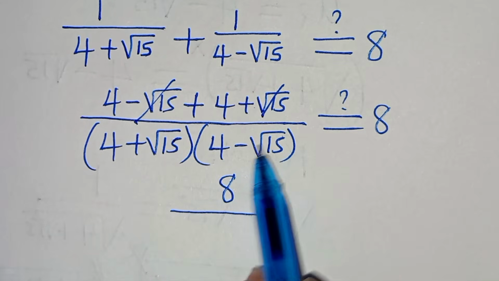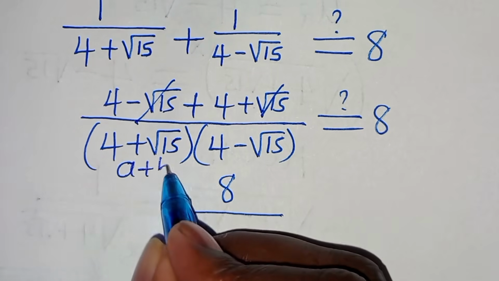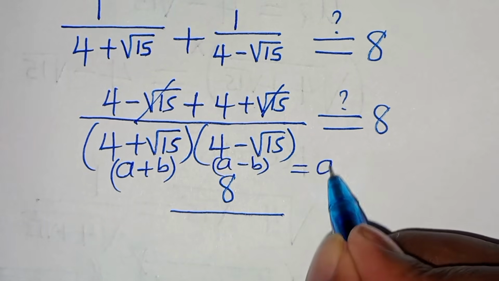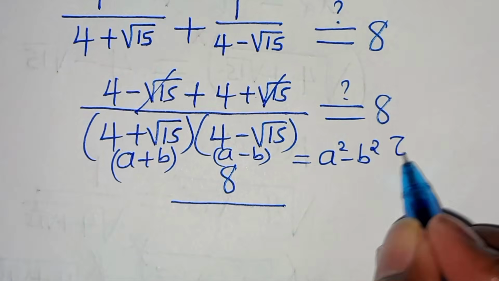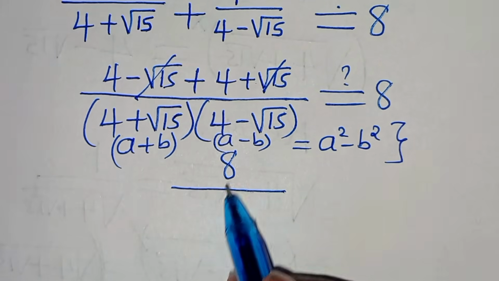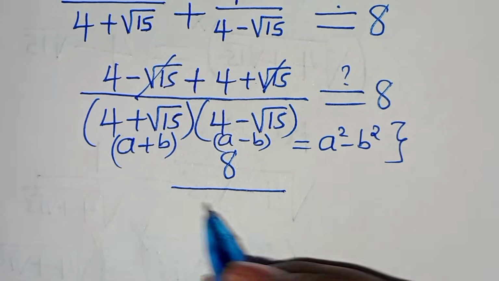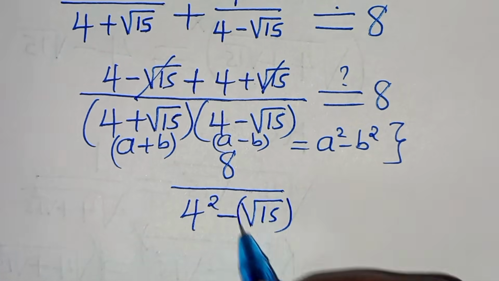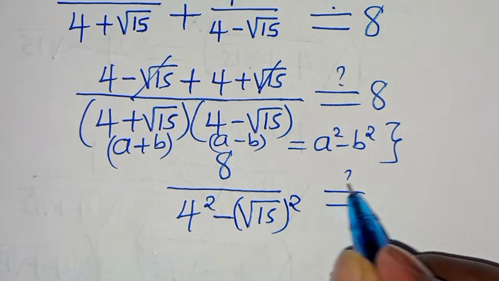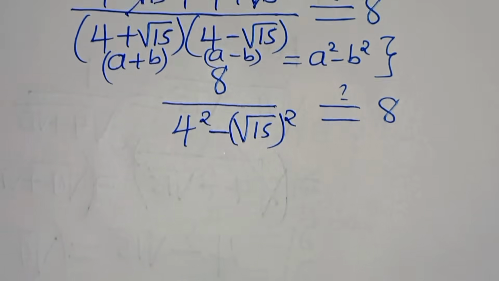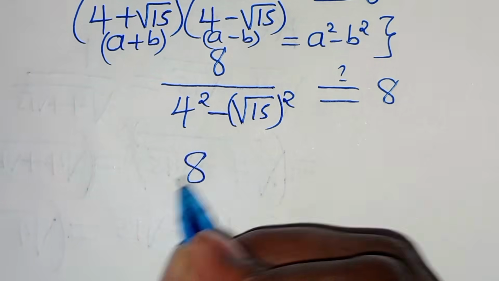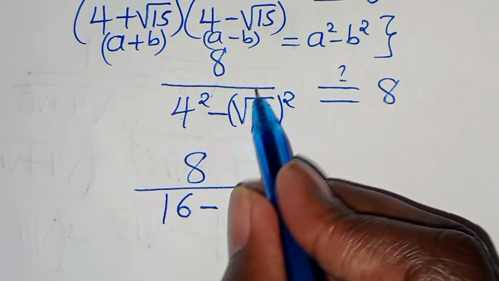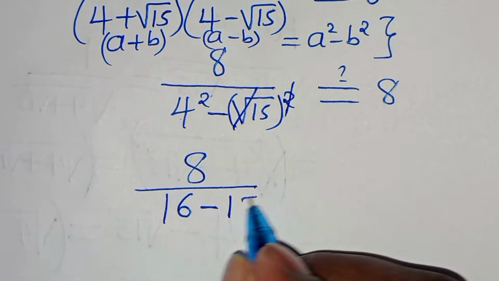Now, if we check here, this is in the form of a plus b multiplied by a minus b, which we can express as a squared minus b squared. This is the difference of two perfect squares. So this means we have 8 divided by 4 squared minus square root of 15 raised to the power of 2. So we have 8 divided by 4 squared, which is 16, subtract square root of 15 squared, which means we have 15.